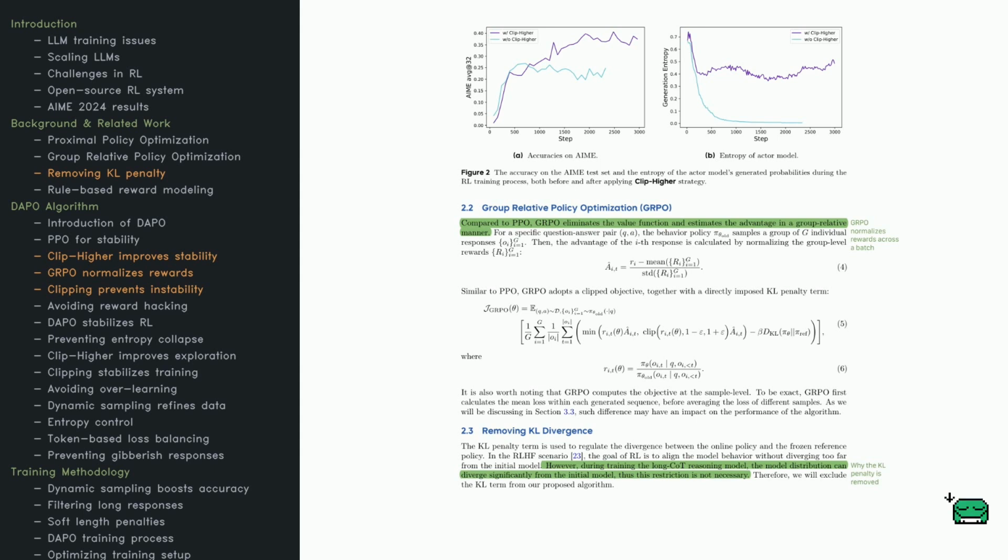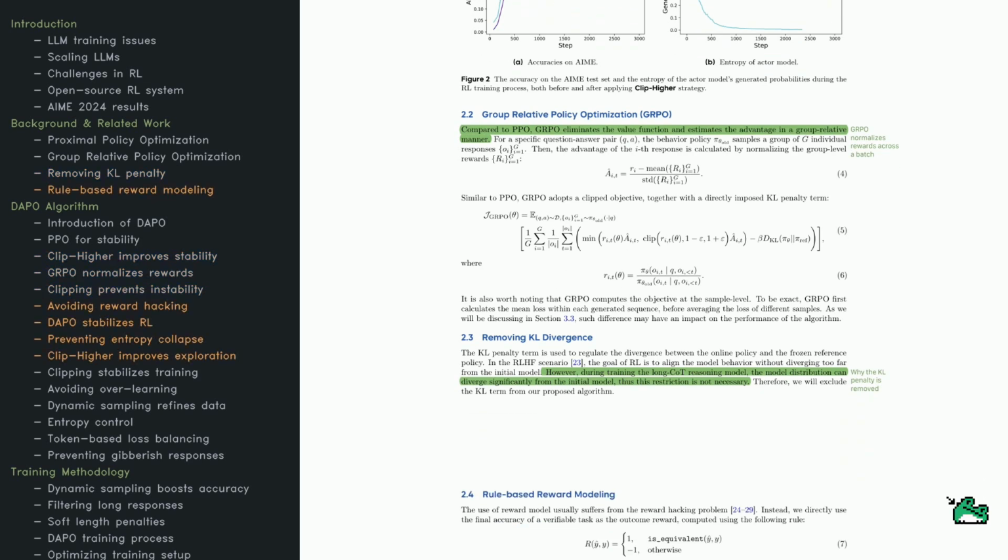GRPO also uses clipping to avoid huge policy shifts and includes a Kullback-Leibler (KL) penalty to keep new responses close to the initial model. But for complex, long-form reasoning, clamping the model too tightly to its original behavior can limit performance. The authors here remove the KL penalty altogether to let the model explore more freely. That sets the stage for the changes introduced in DAPO.